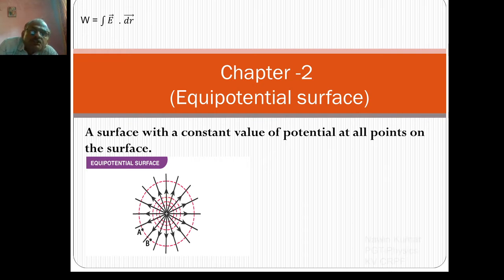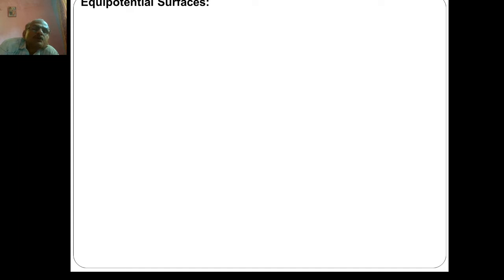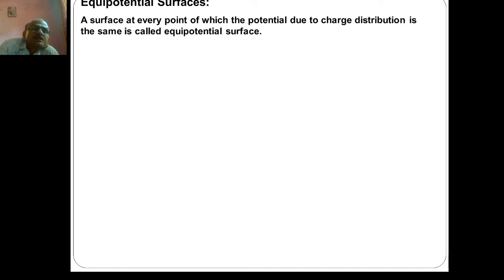Today we will discuss the relation between field and potential, and properties of equipotential surface. First of all, once again, start with equipotential surface. Equipotential means equi plus potential.